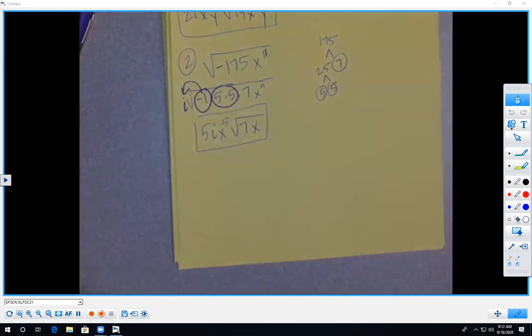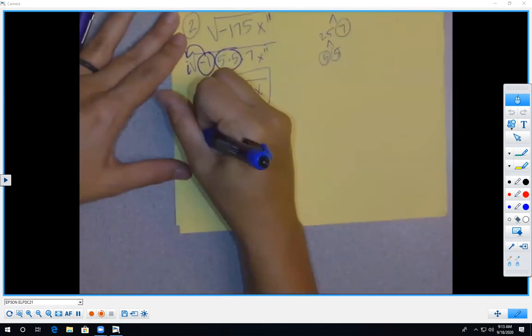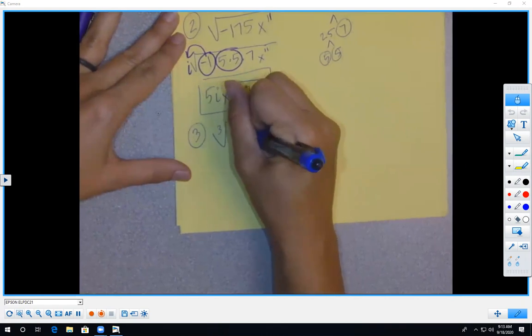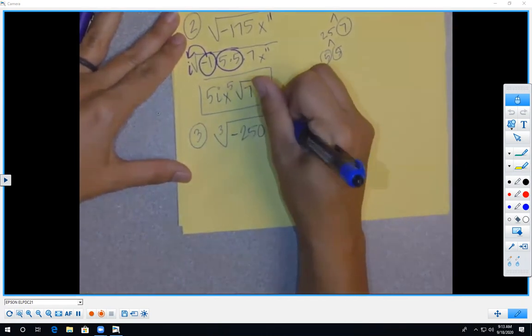Questions about that? Okay, what about this one? What about the cube root now of -250x to the 5th?